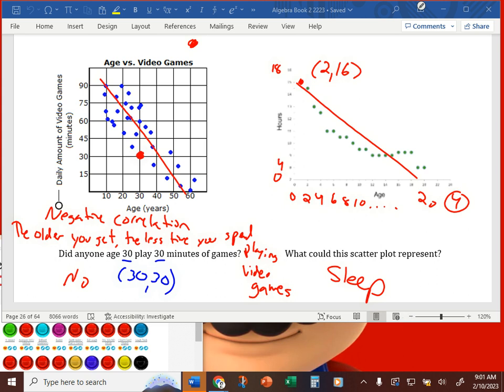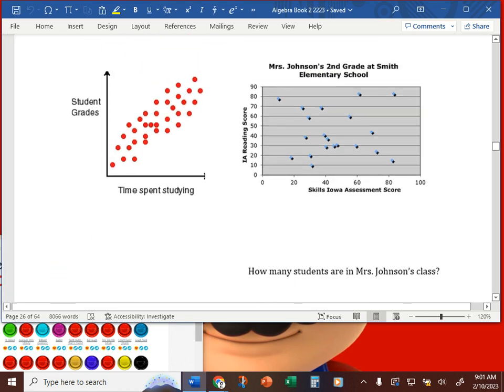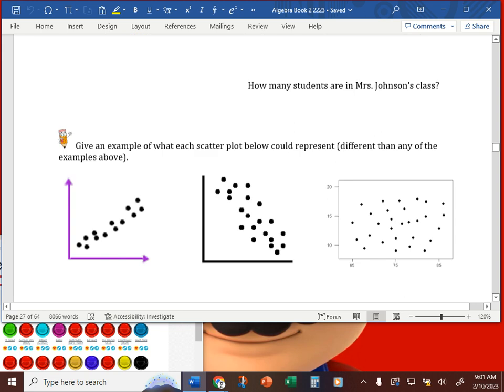Okay. Your homework for Monday. We've got a few more scatter plots. Time spent studying in student grades. Mrs. Johnson, 2nd grade at Smith Elementary School. Skills Iowa assessment score versus the Iowa reading score.